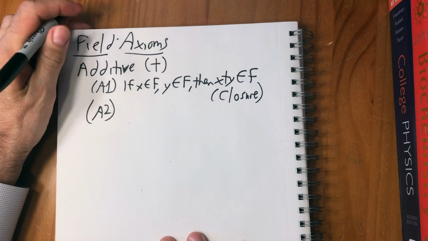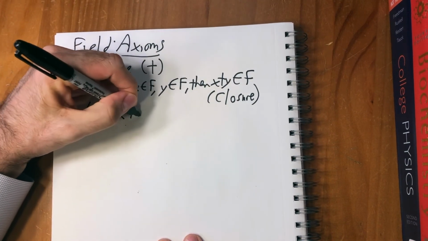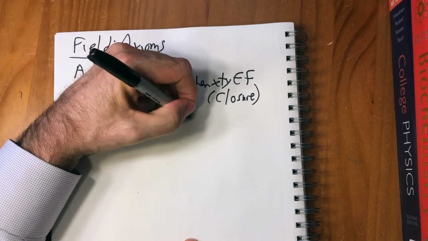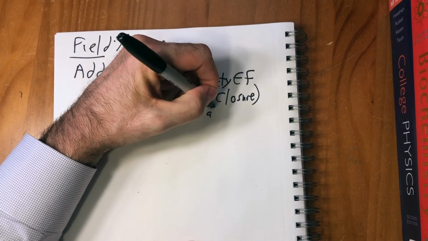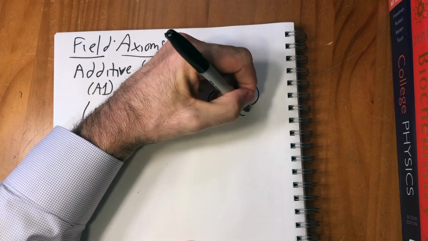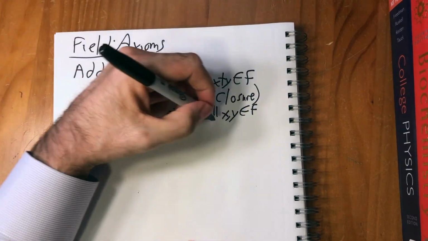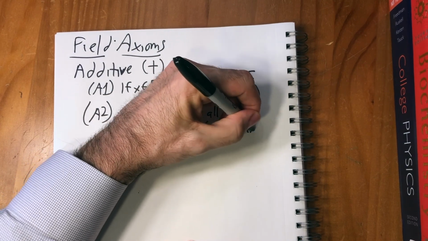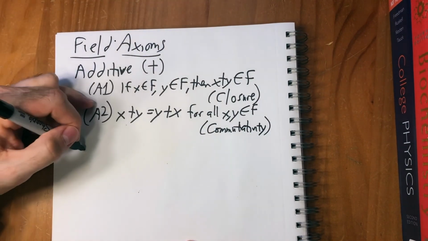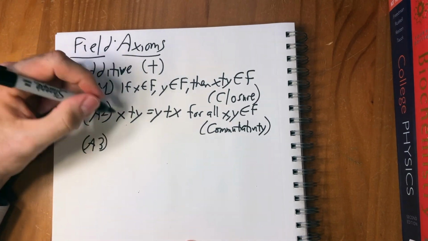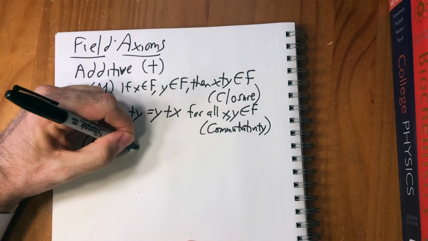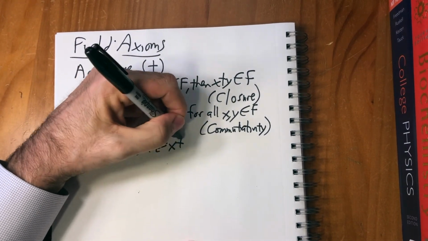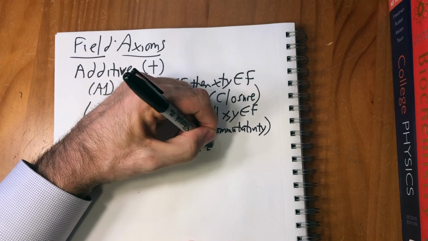A2 is commutativity, so x plus y equals y plus x for all x, y. That's commutativity. Associativity is that (x plus y) plus z equals x plus (y plus z).